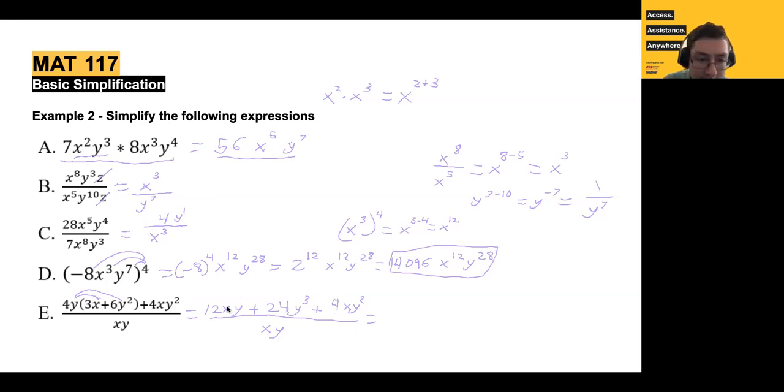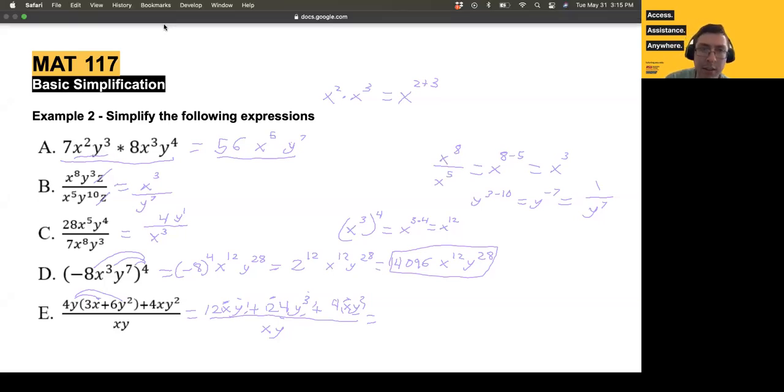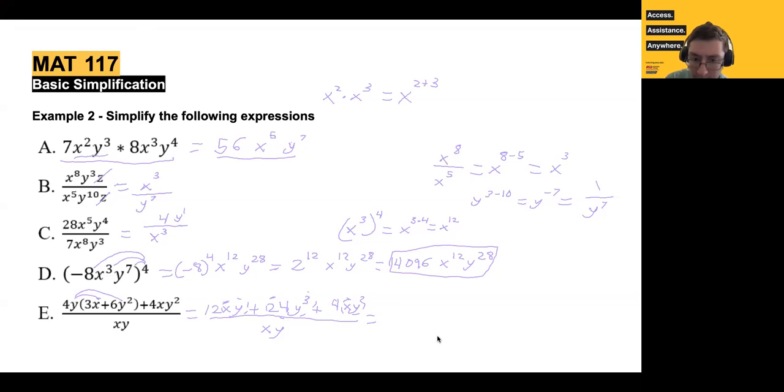So we notice there's an xy in this term. There is an xy in this term. There is an xy in the 24y cubed, unfortunately. Well, at the very least, we can get rid of y from each term. So 12xy over xy, the 12 just stays.